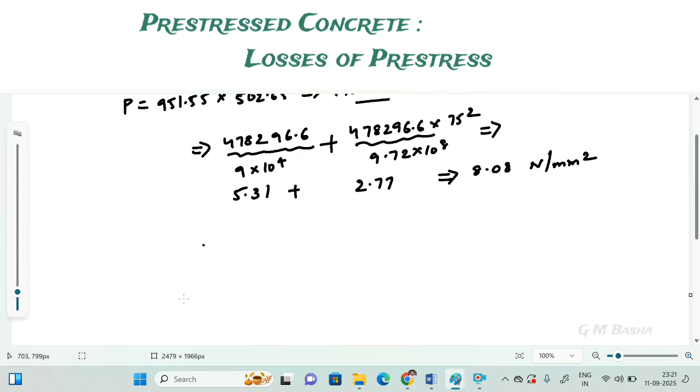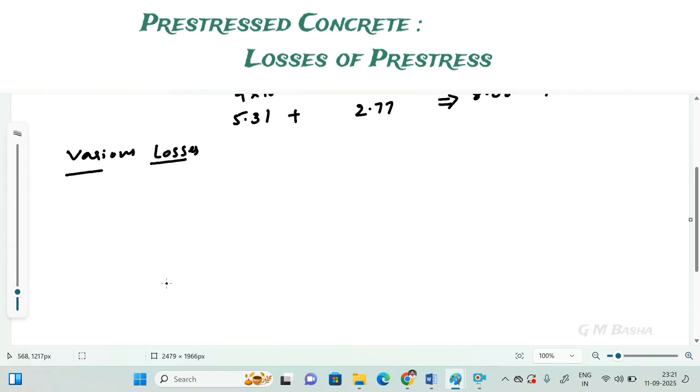Then the various losses that occur. So we will get the pre-stressing force value and remaining values also. So first one is loss of stress. According to the question, what they are asking, loss of stress due to elastic shortening.